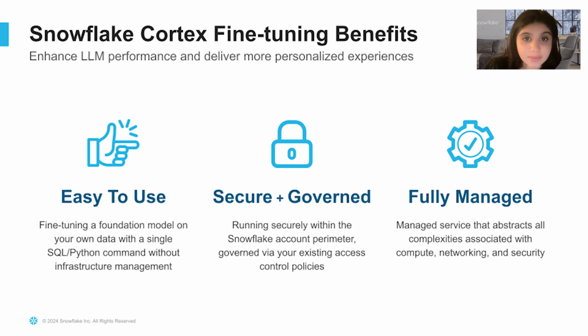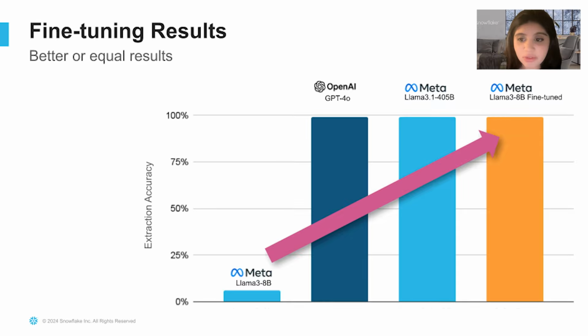Cortex puts LLMs and AI models in the hands of every user. It's easy to use. Users can fine-tune and use industry-leading LLMs very easily with SQL or Python. It's secure, it's cost-effective, it's fully managed, so no data privacy concerns. It's serverless, so you don't need to manage it. Now let's see how fine-tuning is actually impactful for Llama models.